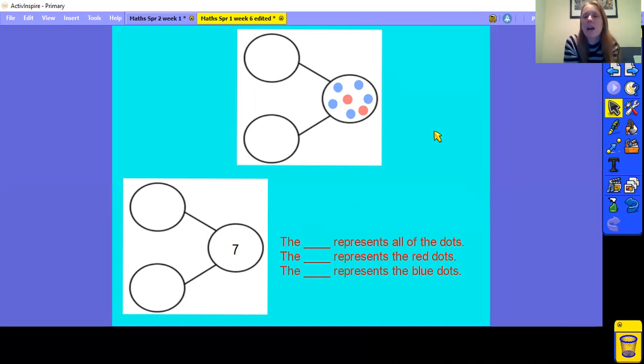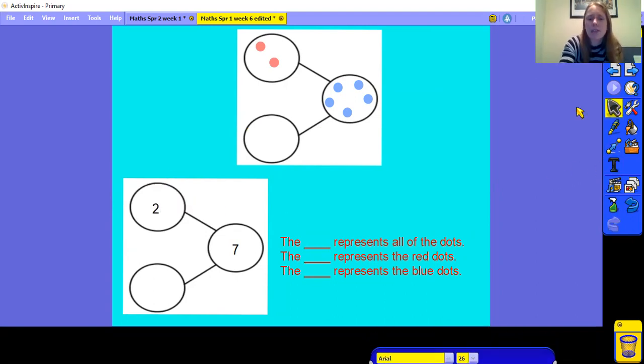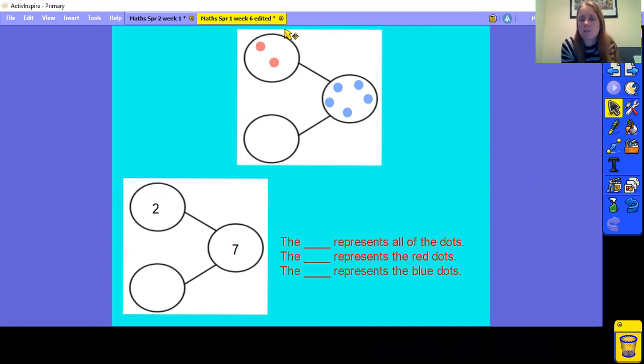This time, I want to find out how many red dots I have. So I'm going to move some of these across into this part. There we are. Can you see how many red dots I have? That's right, I have 2. I'm going to write 2 in this part to represent the 2 red dots. Now I want to know how many blue dots I have.